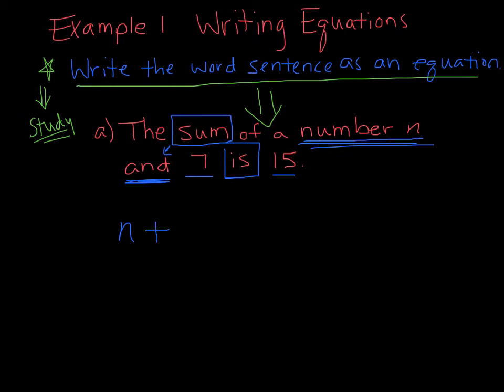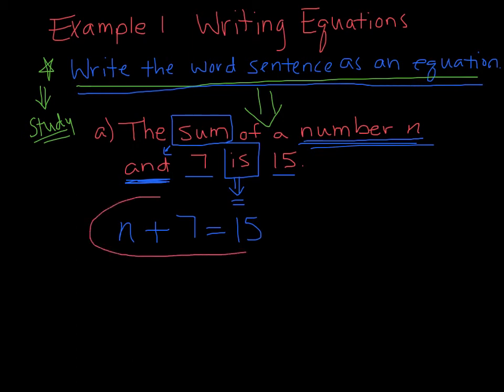So plus 7, the word is equals, and then we bring down our 15. So an answer for this equation, when it says write the word sentence as an equation, this is what kind of answer I am looking for. N plus 7 equals 15.